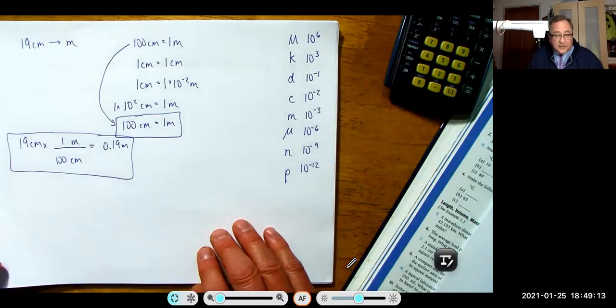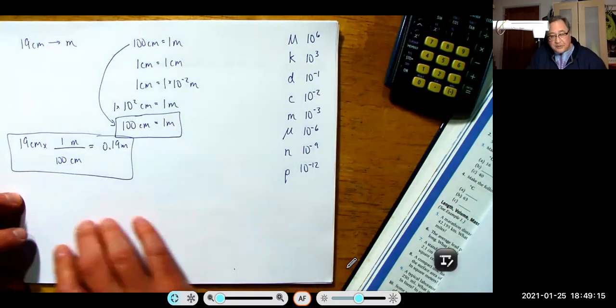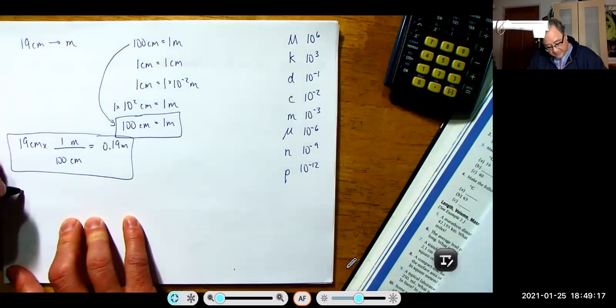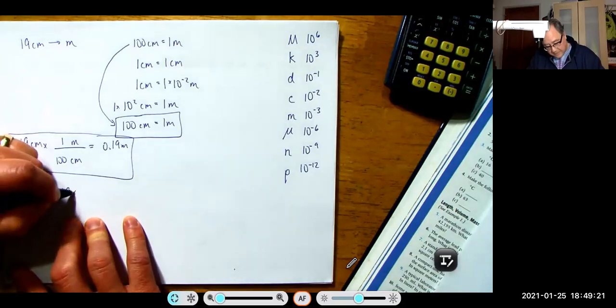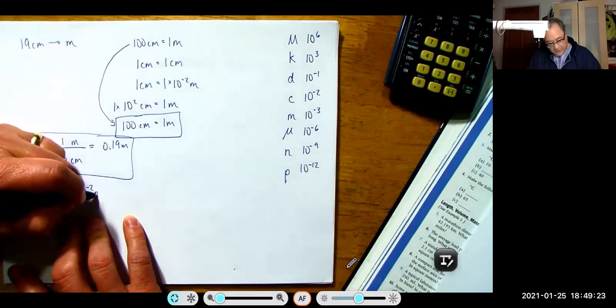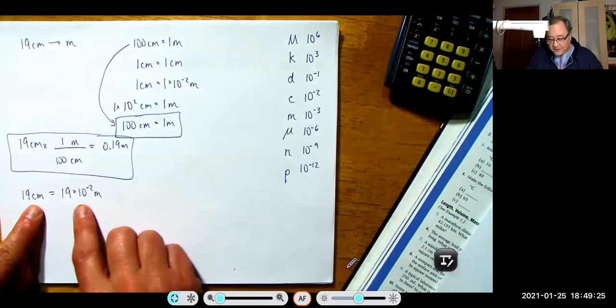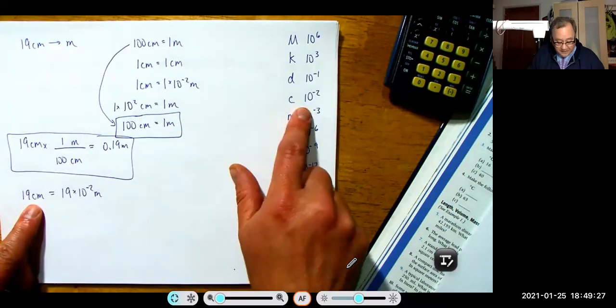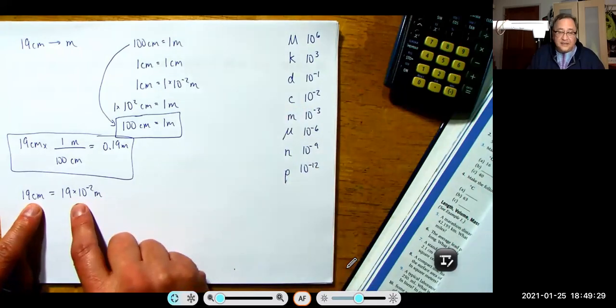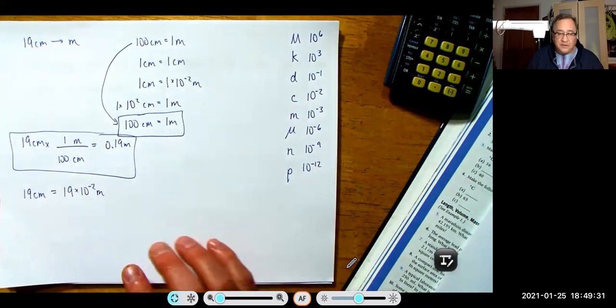Another way to do this particular problem is to do something called substitution. So here I've taken the C and I put 10 to the minus 2 in place of C because C is just a placeholder for a number.